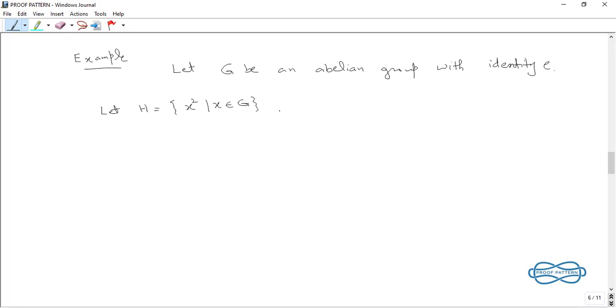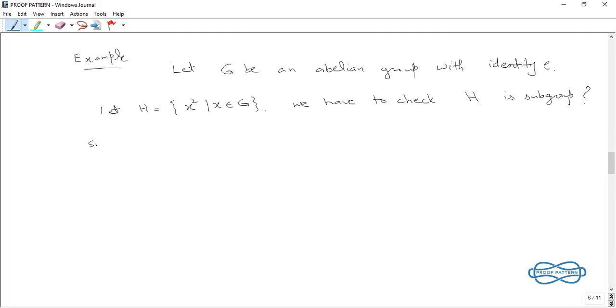We have to check whether this H is a subgroup or not.